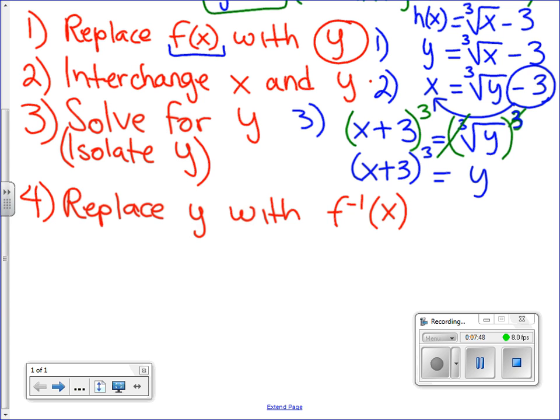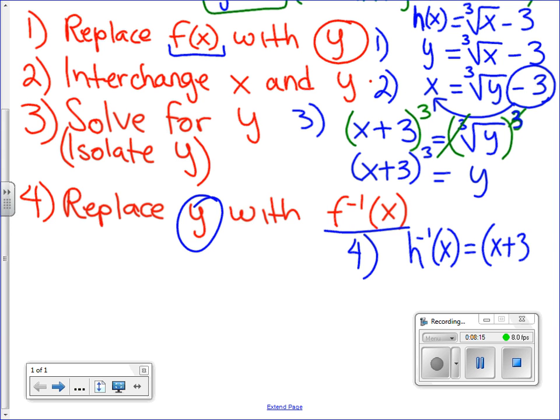Now, step number 4, it says here, replace y with function notation for f inverse. So instead of this y, I will write down f inverse. Actually, we did not start with f, right? What was the letter we used for this function? H, from here. So instead of using f inverse, we will use h inverse of x, and that is equal to x plus 3 to the third power.